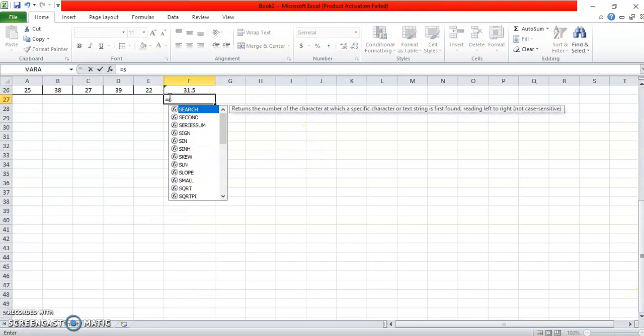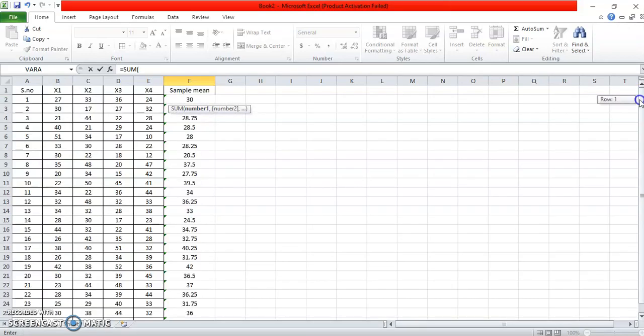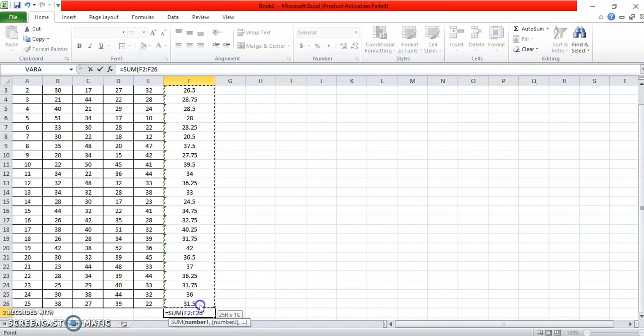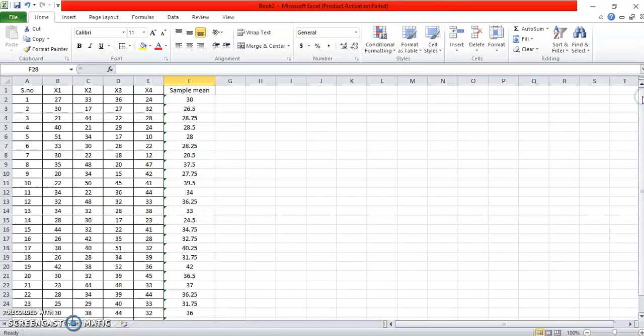After finding out the sample mean, we will try to find out the sum of your sample means. Why do we need to find out the sum of the sample means? As you very well remember, that was used to find the central line, right? So we will find the central line.